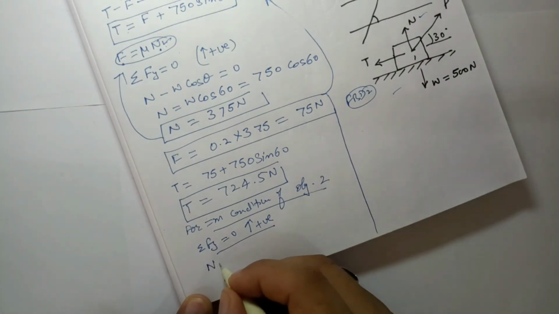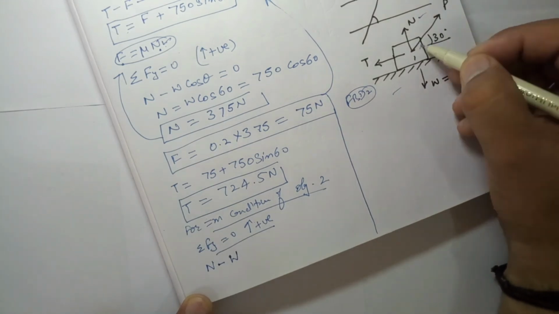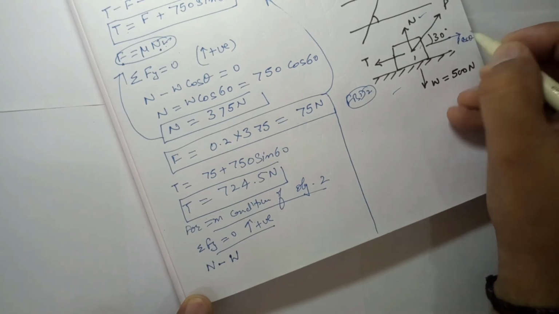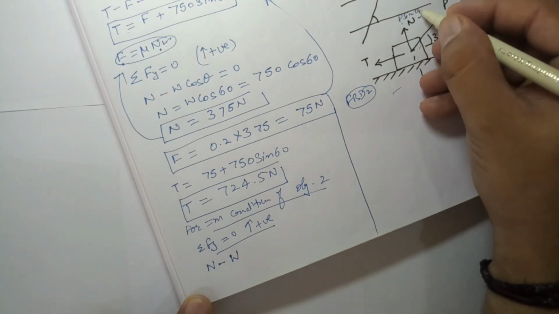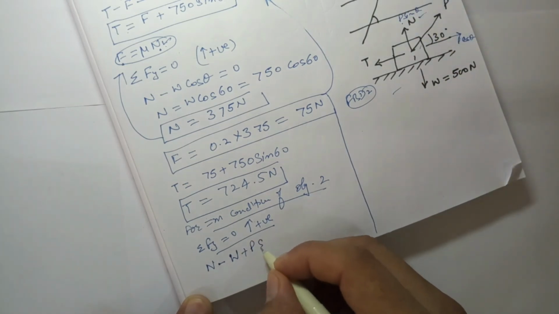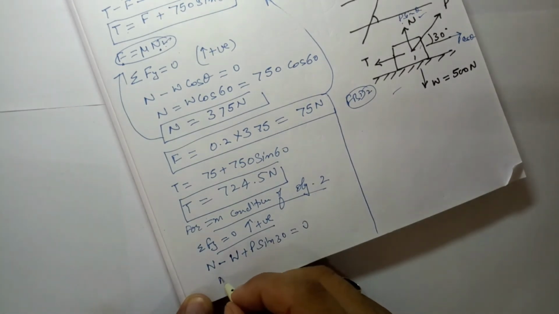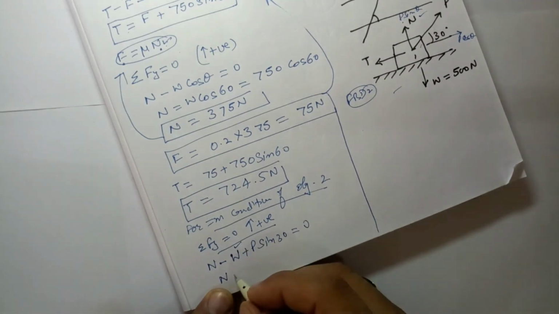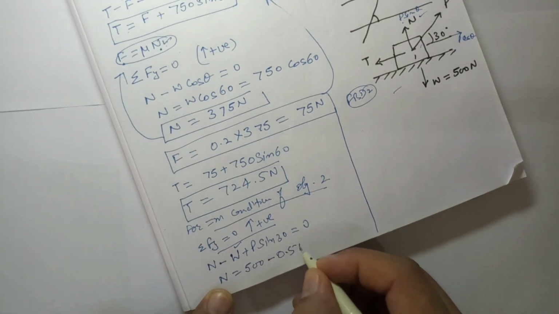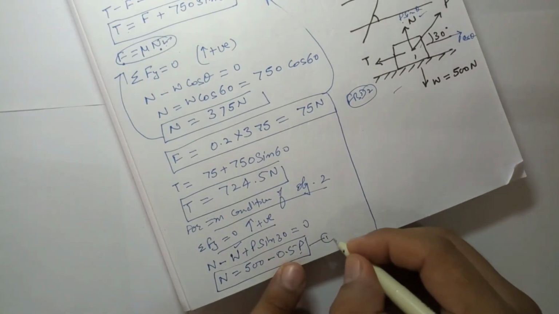So N normal reaction minus W, and this P force will have two components. In this direction P cos theta, and in this direction P sin theta, that is again upward, so it will be positive. So plus P sin 30, that is equal to 0. When you calculate this, we have the value of W. So you can say normal reaction is equal to 500 minus 0.5 P. We find the value of normal reaction in the form of P only. So this is equation number 1.